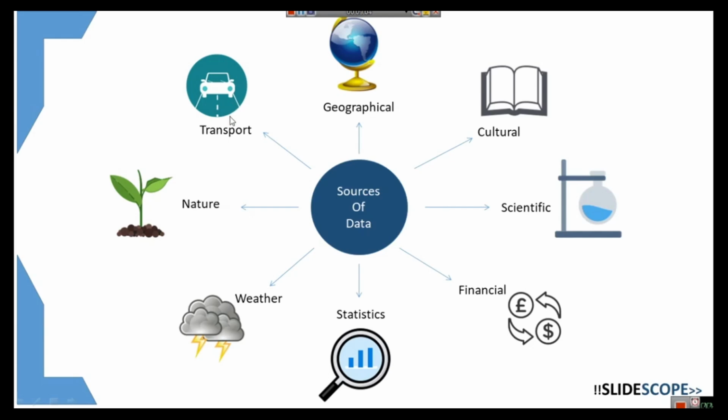Then there is data related to transport. Every activity that is there in transport results in data. For example, data of traffic is used by various cab applications to give you information about the pricing of your ride.